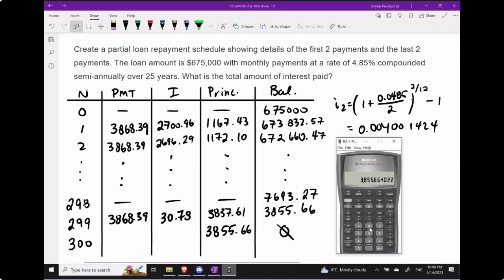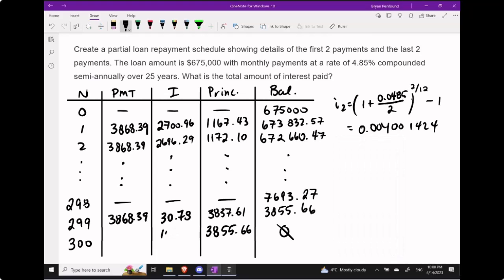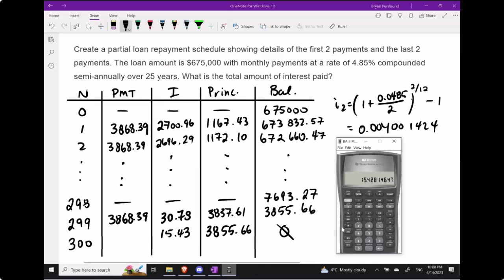Let's multiply this by I2 to figure out how much interest is going to be owing. I get $15.43. So we can take that 15.43 and add to it the 3855.66, and that should give us the size of this last payment.